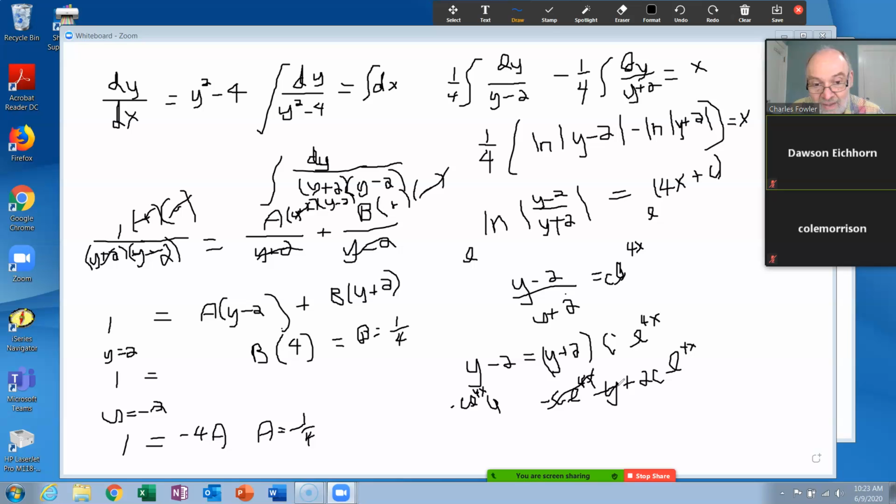Okay. And we'll add 2 to both sides. So this is going to have a plus 2 somewhere out here. Okay. Now, I'm out of room.